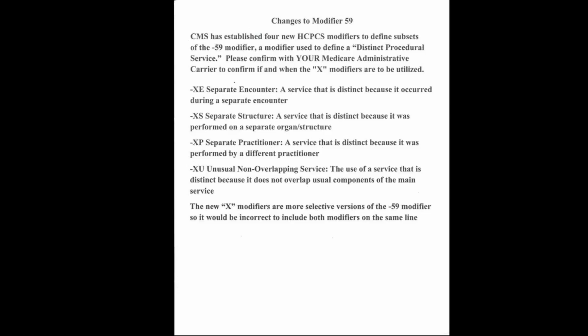So the X modifiers were put on hold. You don't have to use the X modifiers. When you get a hard copy directive from your Medicare carrier telling you when you have to start using the X modifiers and a start date, then you use them.